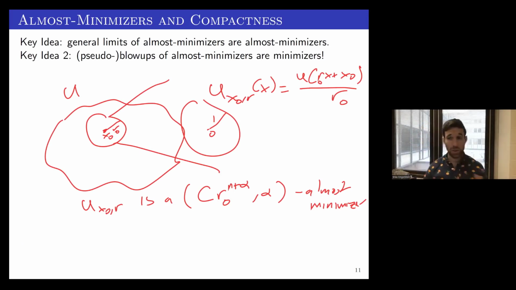So in particular, when you take a limit, when you let R go down to 0, what you'll get in the limit is actually a minimizer of the Alt-Caffarelli functional or Alt-Caffarelli-Friedman functional, not just an almost minimizer. And this fact that the infinitesimal behaviors of almost minimizers are in fact minimizers is hugely important and comes out of the work that I talked about on the previous page.